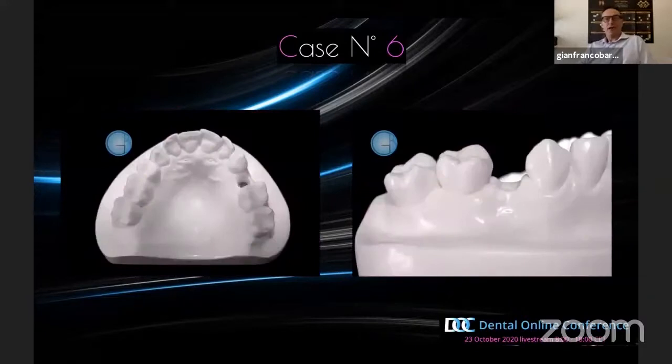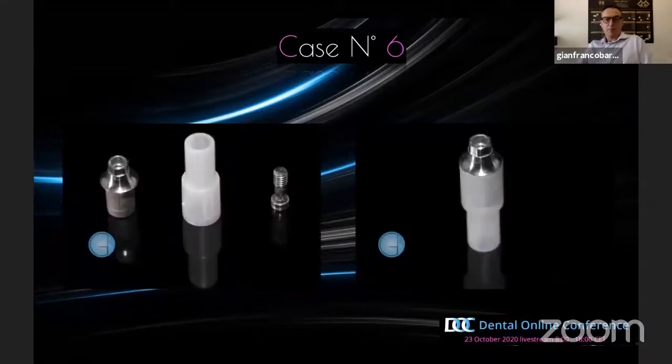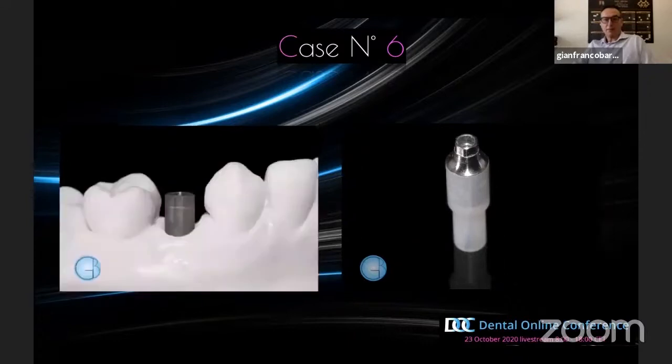We realize the model, then wax-up totally, and put in this special connection that makes maintenance of the fit easy.